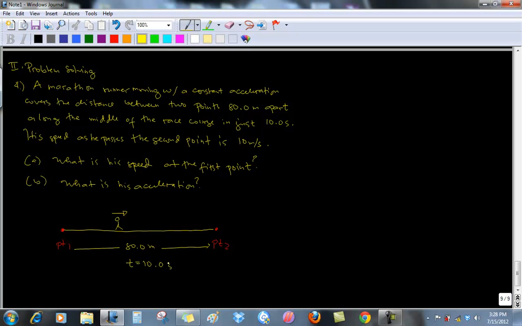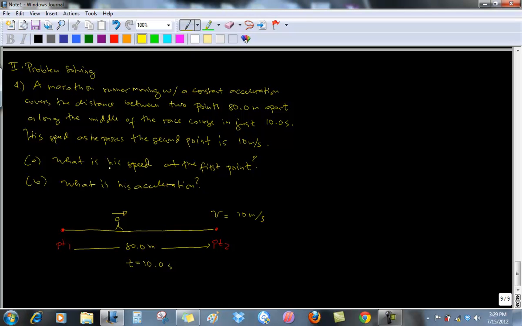His speed as he passes the second point is 10 meters per second. So V here, speed, is V without a bar, meaning just speed without an arrow. If it has an arrow, that's instantaneous velocity. This is instantaneous speed. Speed at that point is 10 meters per second. Okay?